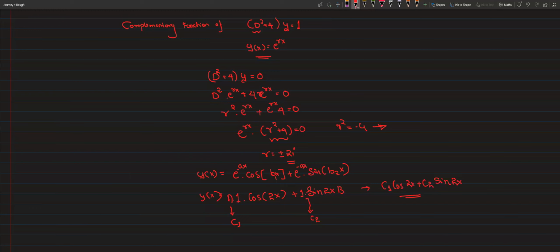So next question, this is the first question. Next question, you need to find whether these two signals are orthogonal or not.